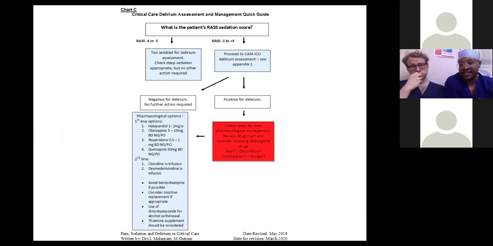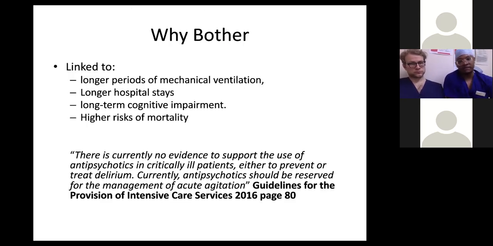Following that, if that does not work, then we go on to pharmacological options, with our first line being haloperidol, olanzapine, risperidone, and quetiapine. With risperidone and quetiapine, I haven't seen them being used very much. And then second line, we've got your clonidine and dexmedetomidine as well. And chlordiazepoxide can be there as well. And note that we don't have any benzos at this point in time, and they should be avoided if possible.